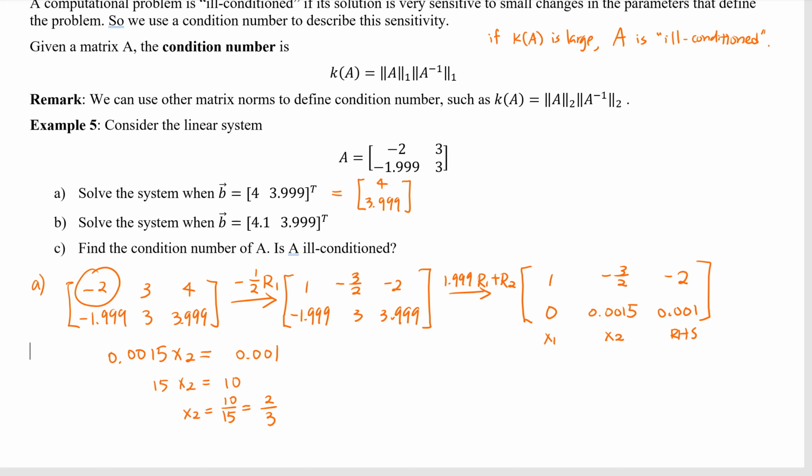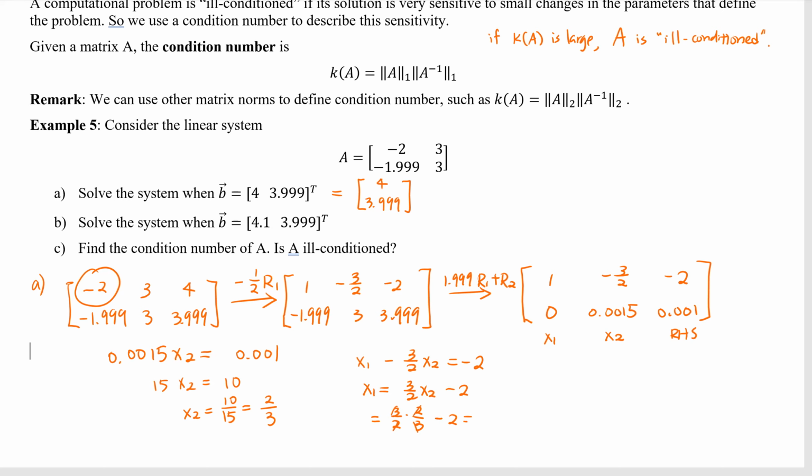Then we can plug into the first row. The first row tells us that x1 minus 3 over 2 x2 equals -2. Let's move 3 over 2 x2 to the other side. It becomes positive, and we have minus 2, and x2 is 2/3. You see they cancel.